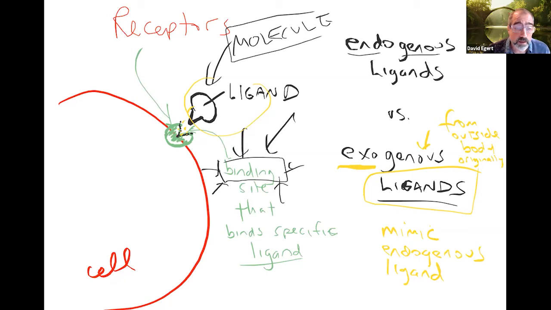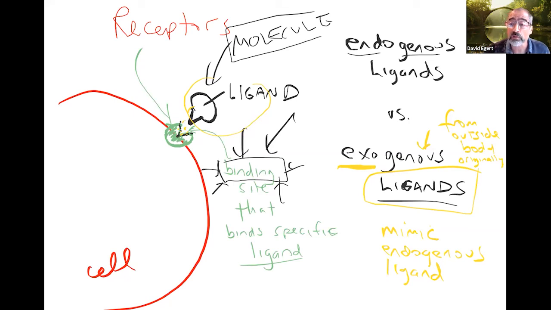So if you have asthma and you're sucking down albuterol for your asthma attack, albuterol has a very similar shape and properties that it can bind in adrenaline receptors and help dilate your bronchial passages.